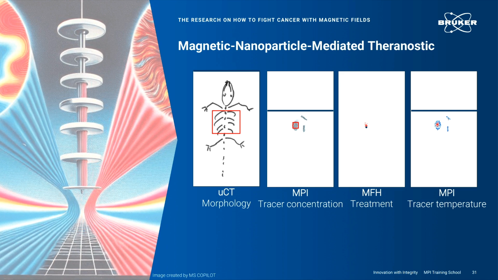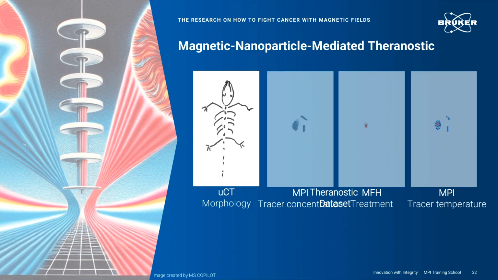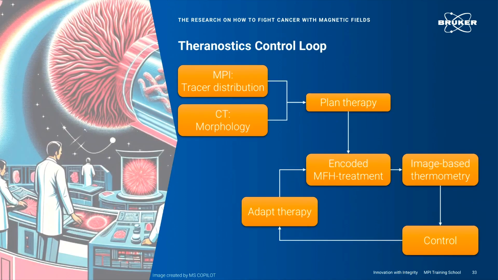Then we swap over to MPI and do the full tracer temperature map. And by combining all the different data, we end up with a theranostic data set. So this is, I think, a representation which could stick in your minds, even though it's quite ugly. But anyways, the idea is, I think, crystal clear how to combine and how to leverage the different modalities.